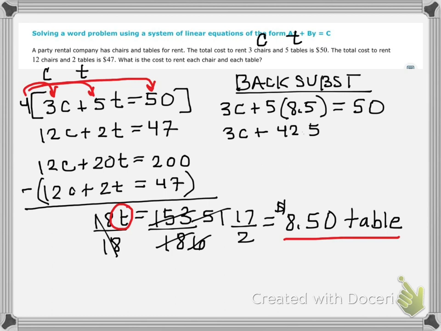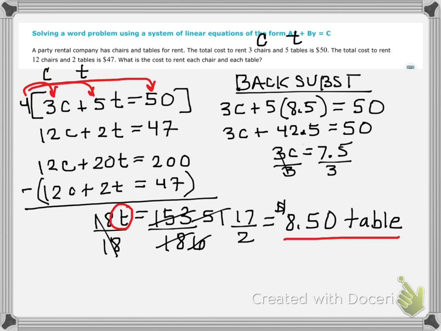Okay, and 50. Then I'm going to subtract the 42.5 from both sides. So 50 minus 42.5 is going to leave me 7.5. Okay, that number looks like it's going to be convenient, I think. 3c equals 7.5, and then we divide by 3.